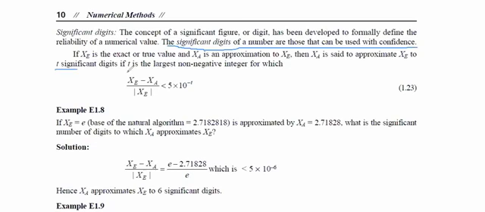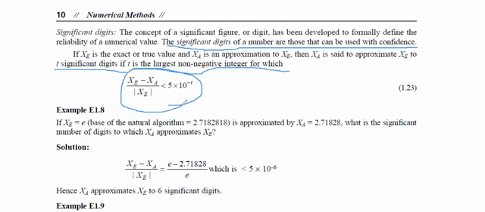If t is the largest non-negative integer for which this condition holds, this very condition is very important. It is the absolute difference of xe minus xa, and it is less than 5 times 10 to the power minus t.